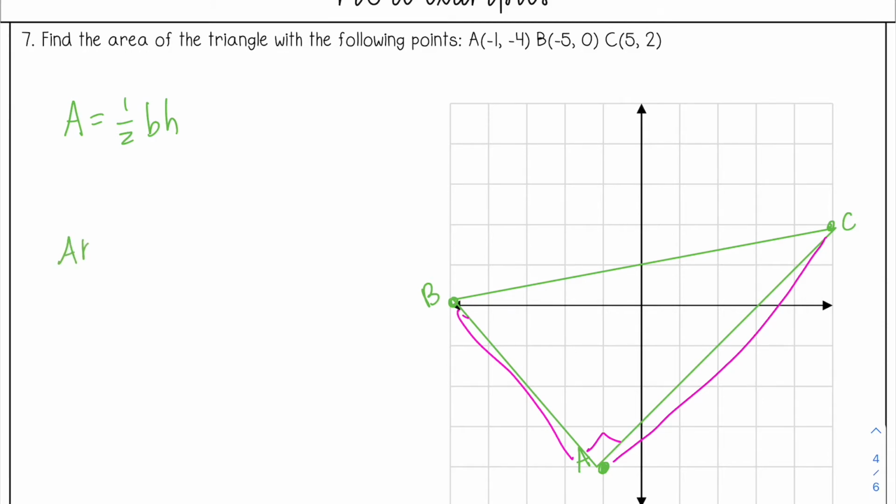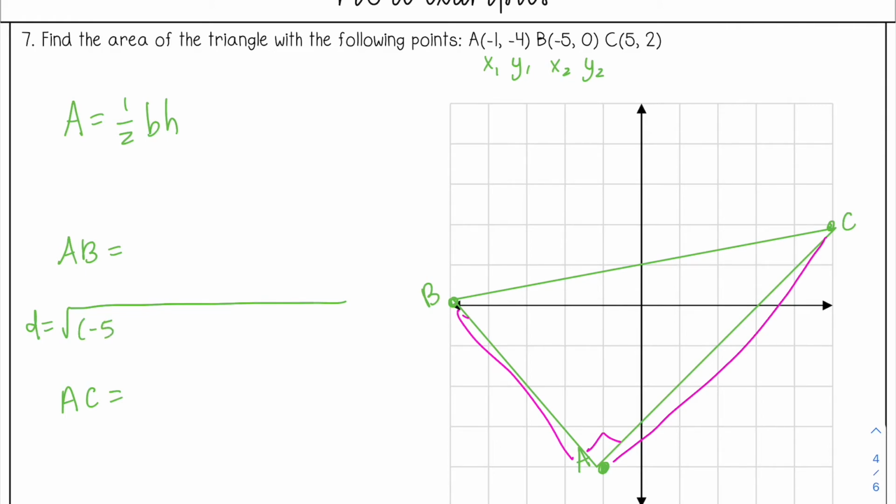So I'm going to find the length of AB, or the distance from A to B, and from A to C. And I'm going to use the distance formula to do that. All right, so I'm going to label A and B x1, y1, x2, y2, and go ahead and substitute that into my distance formula.